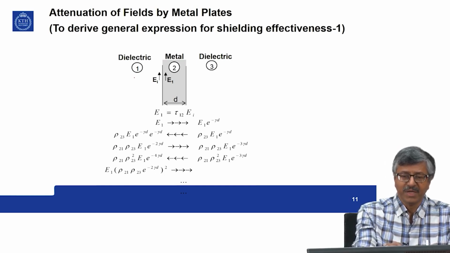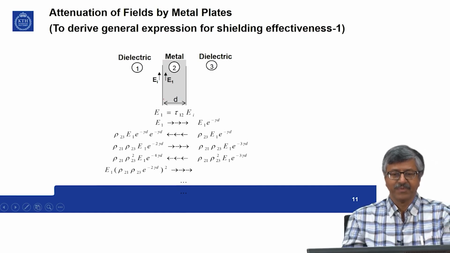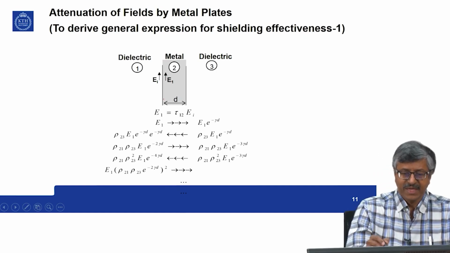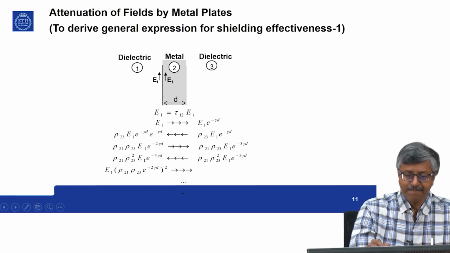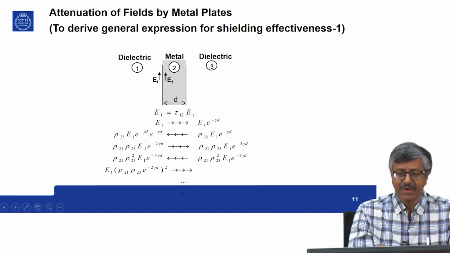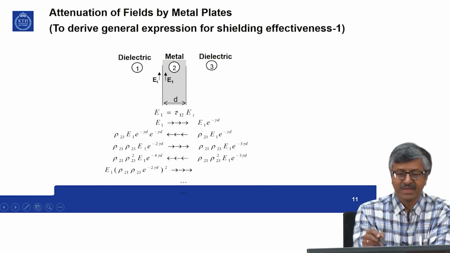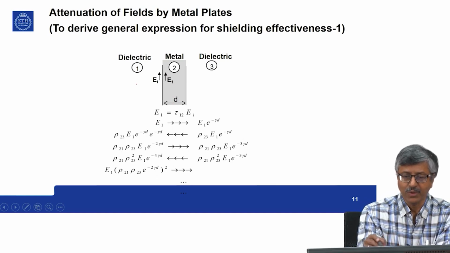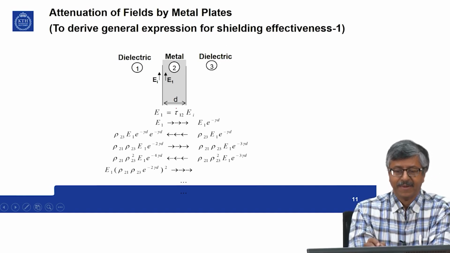So, medium 1, this is dielectric, and this is metal. E_I is incident. Here it is E1, and d is the thickness. Just across this boundary, after transmission, this field E1 will be the transmission coefficient from 1 to 2 times E_I.